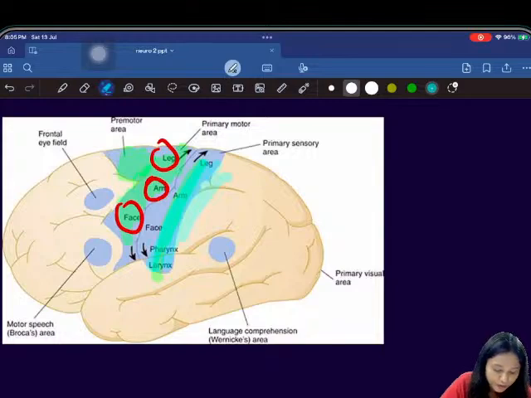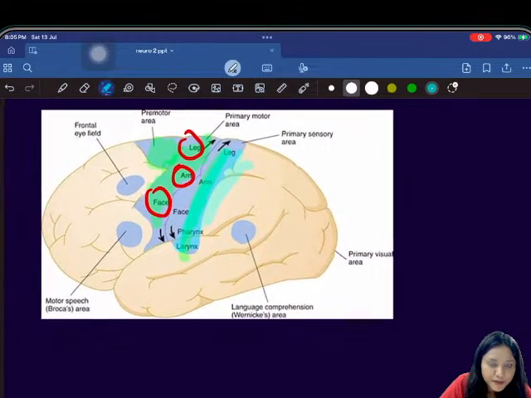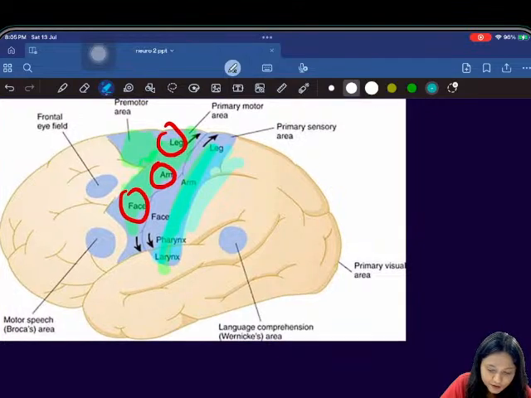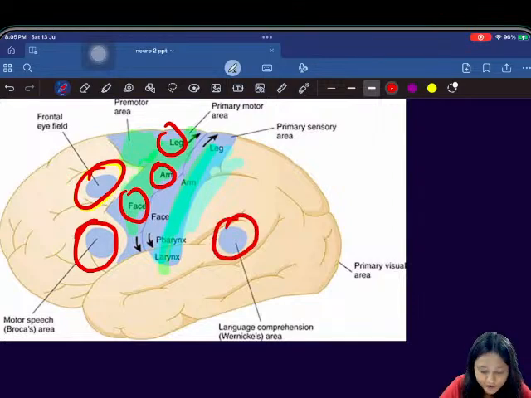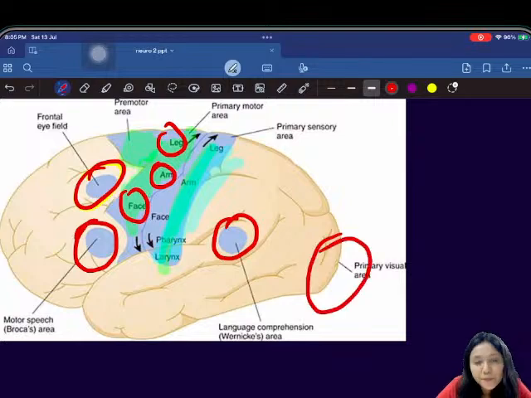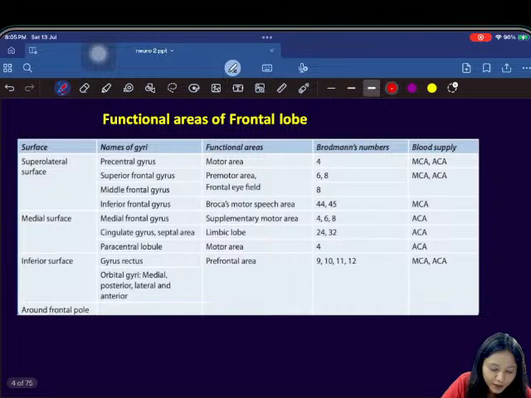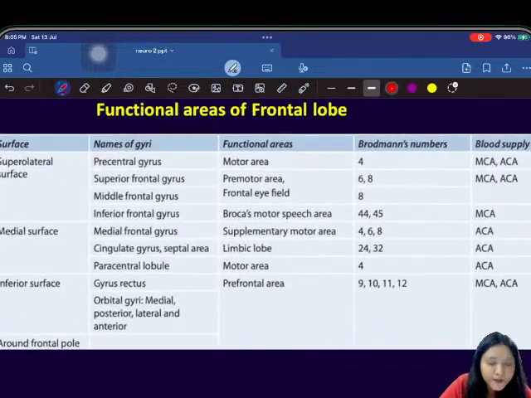They have just shown in this image the major areas. You can see another area here, that is the frontal eye field. Another area is Broca's area, the motor speech area, and the language comprehension area, that is Wernicke's area. On the posterior part you will have the primary visual area. All right, so what are the functional areas in the frontal lobe?